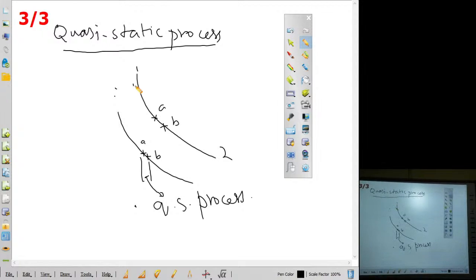Okay. So remember, a quasi-static process is that process where the final condition is nearest to the original or the equilibrium conditions. Because this is thermodynamics, you can say the final condition is nearest to the thermal equilibrium conditions.